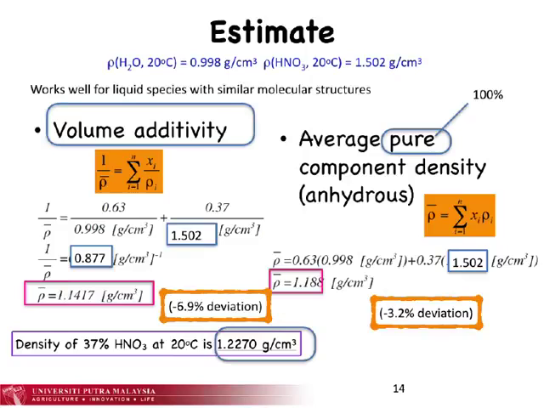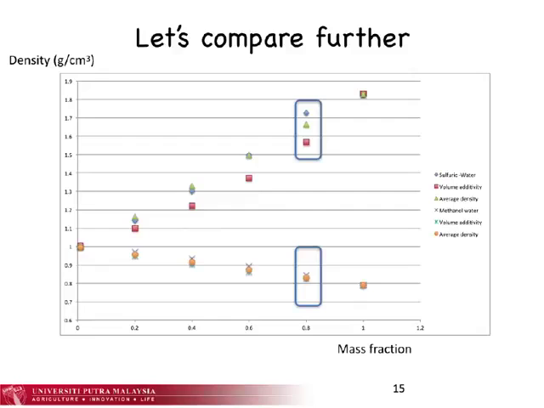When we use the volume additivity and average density methods, we can see that the estimates deviate a little from the experimental data for the sulfuric acid-water mixture, whereas for the methanol-water mixture, where they are very miscible with each other, the average density and the volume additivity give a very good representation of the density of the mixture.